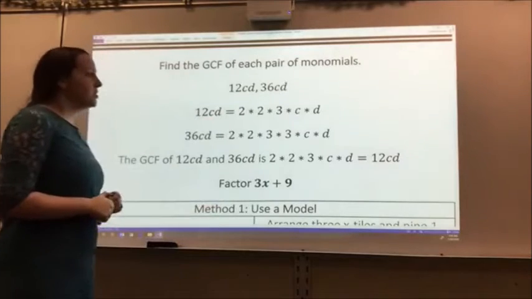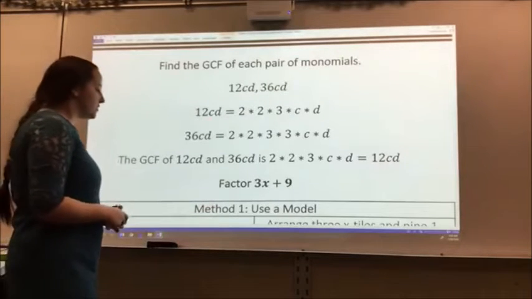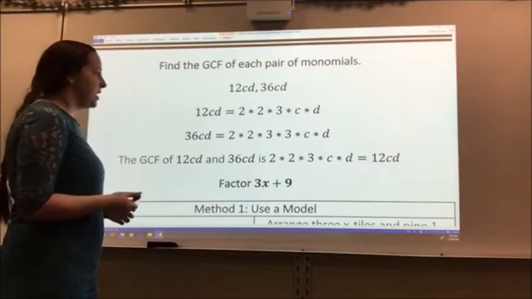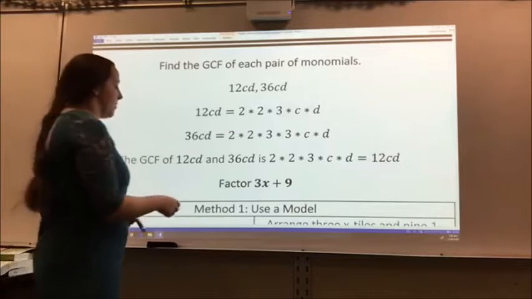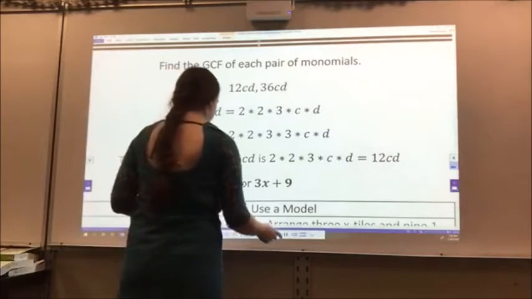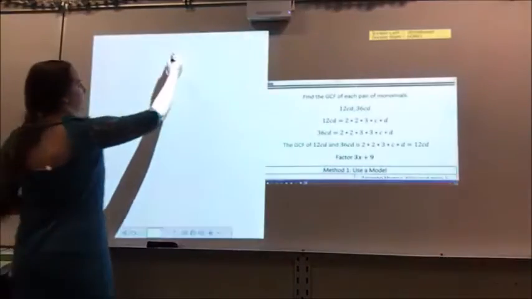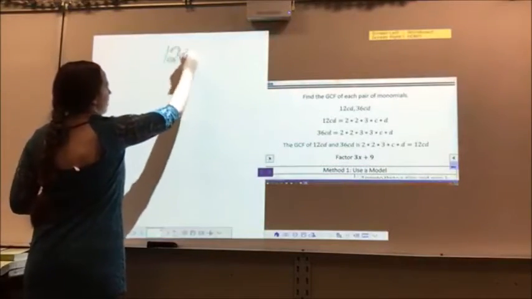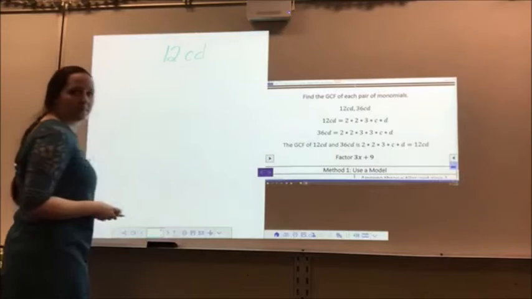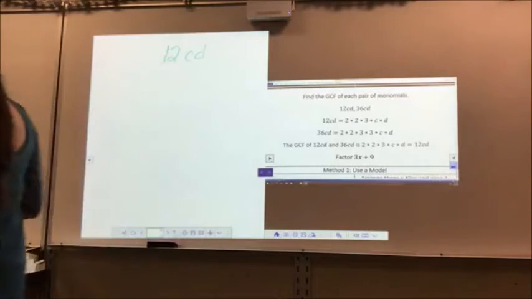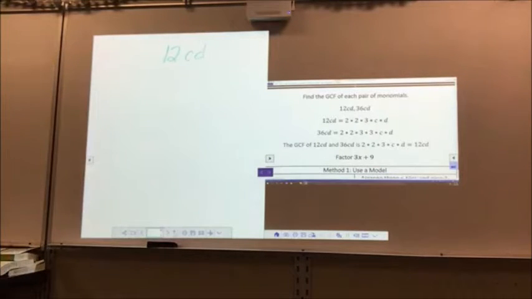So what I want to do is I actually want to break them down as much as possible. Now you can use a couple of ways. You can just multiply things. I actually like to use factor trees. Okay, so for example, I have 12CD, right? So 12 I can actually break down into a couple different things. 12 breaks down into 3 times 2, or it breaks down in 3 times 4, or it breaks down into 2 times 6.